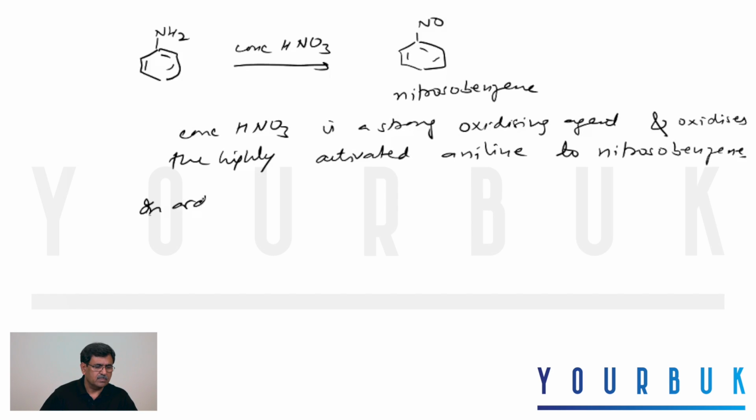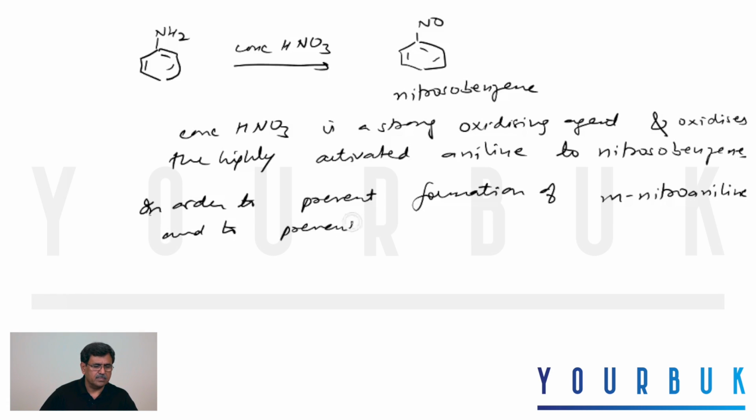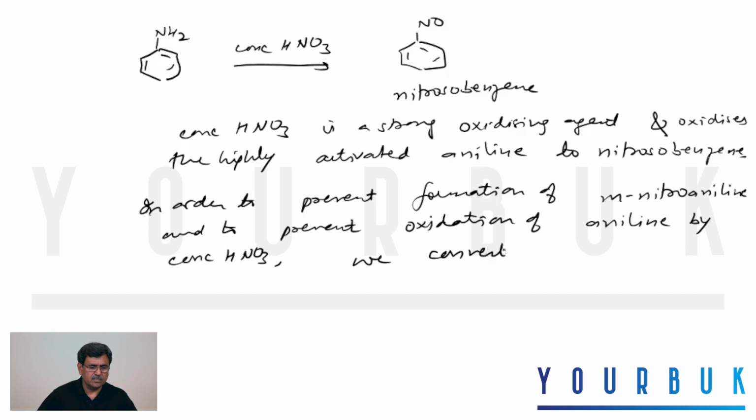So in order to prevent formation of a meta isomer, formation of meta-nitroaniline, and to prevent oxidation of aniline by HNO3, we convert the aniline into acetanilide before nitration.